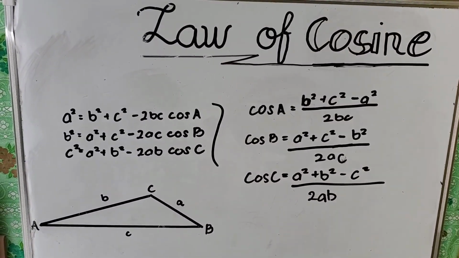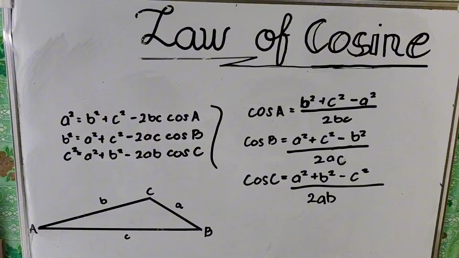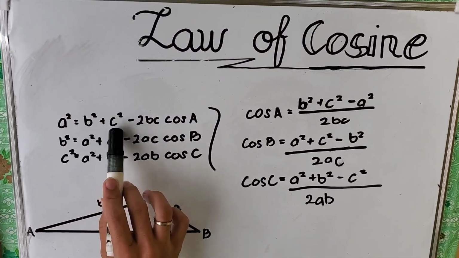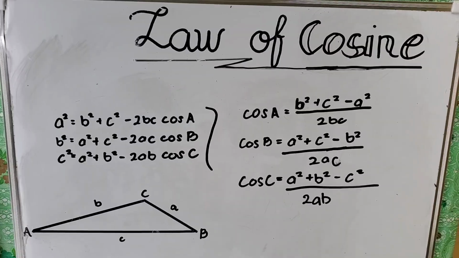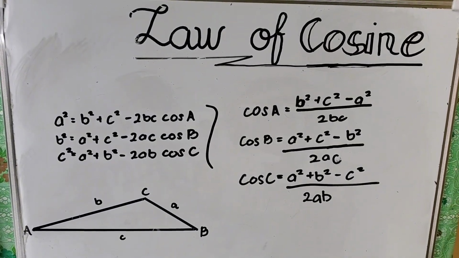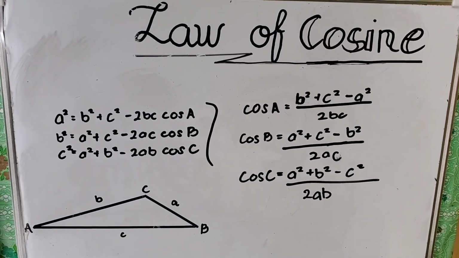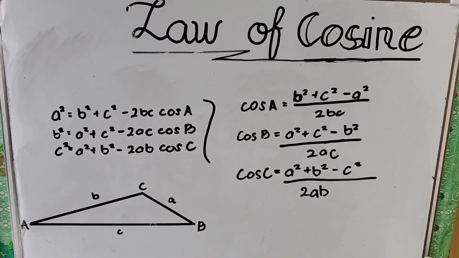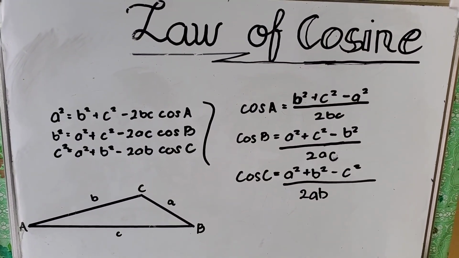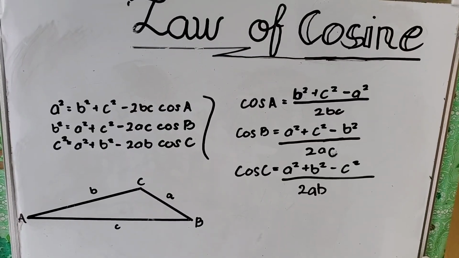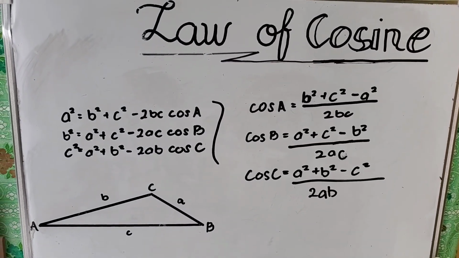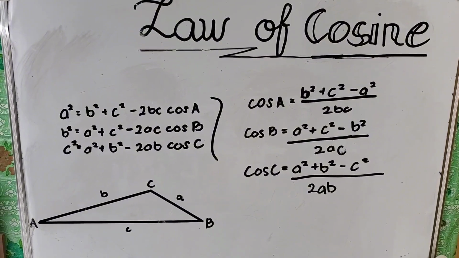In solving for side a, a squared is equal to b squared plus c squared minus 2bc cos A. For side b, b squared is equal to a squared plus c squared minus 2ac cos B. For solving side c, c squared is equal to a squared plus b squared minus 2ab cos C.